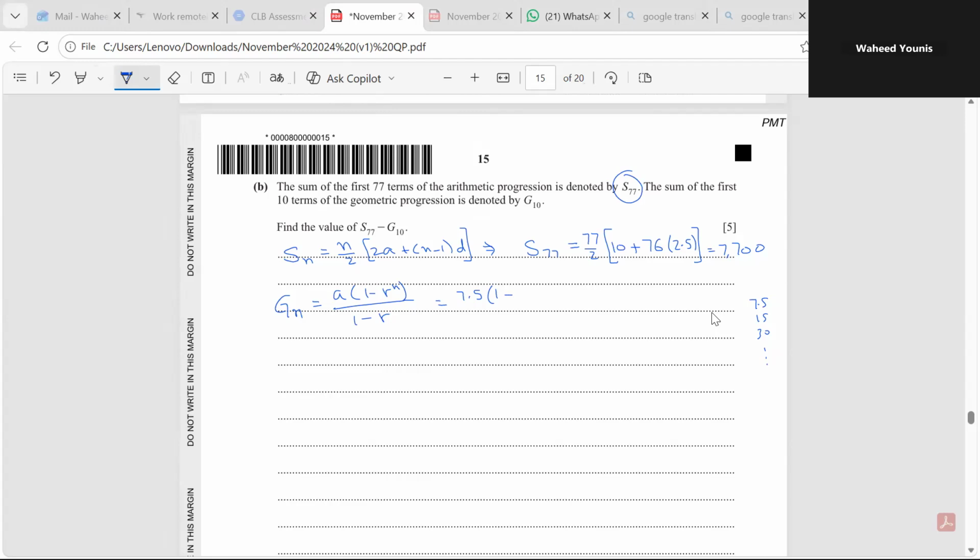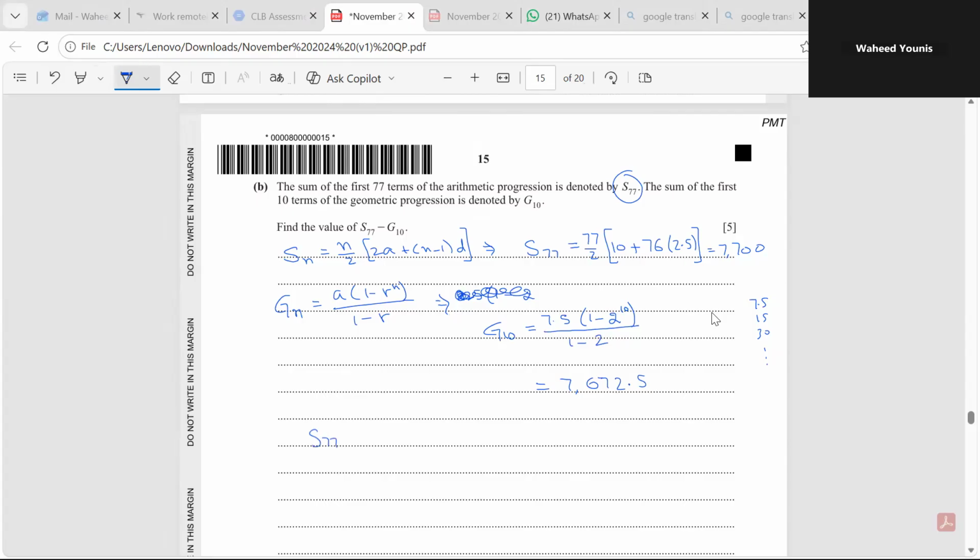So G10, the sum of 10 terms, is 7.5 times 1 minus 2 to the power 10 over 1 minus 2. And this was calculated as 7,672.5.